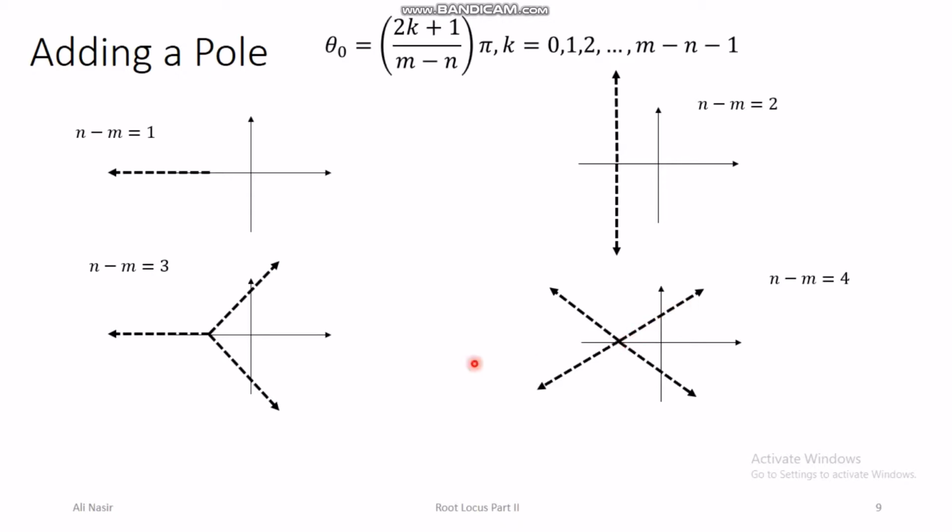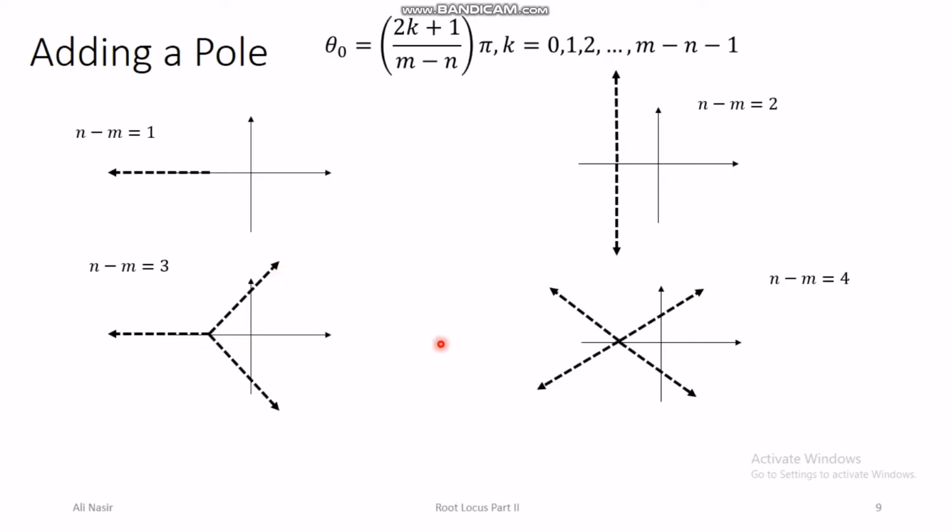So for this 60-degree angle, the horizontal component is lesser and the vertical component is higher. In this case, with the 45-degree angle, the horizontal component is more, so this pole is moving towards the right half plane faster than this pole.